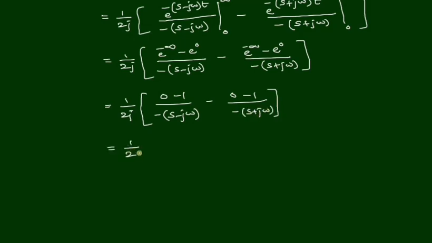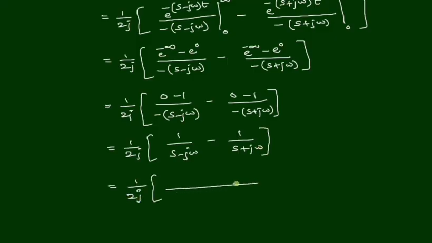1 by 2j, the first term becomes 1 by s minus j omega, second term 1 by s plus j omega, that is 1 by 2j. So in the denominator we take the LCM, s minus j omega multiplied with s plus j omega.